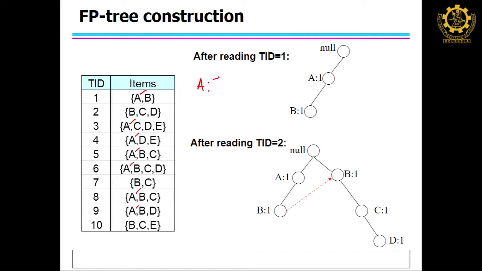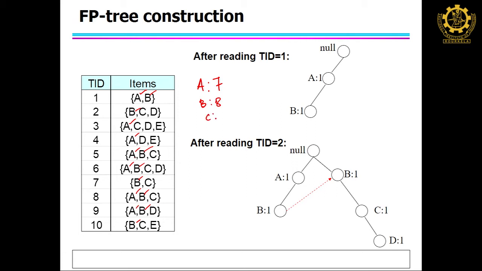So, the cardinality of A is 7. Then B is 1, 2, 3, 4, 5, 6, 7, 8. So, B is 8.